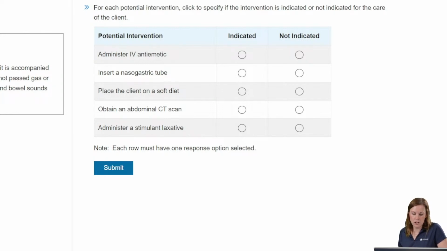So we have: administer an IV antiemetic, insert an NG tube, place the client on a soft diet, obtain an abdominal CT, and administer a stimulant laxative. I'll let you guys pick, let us know which ones you think are indicated.